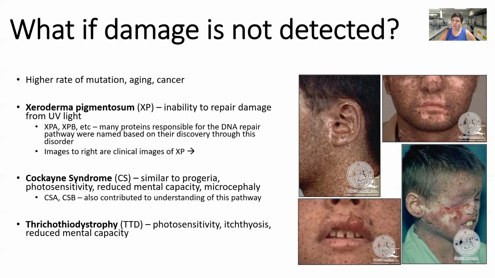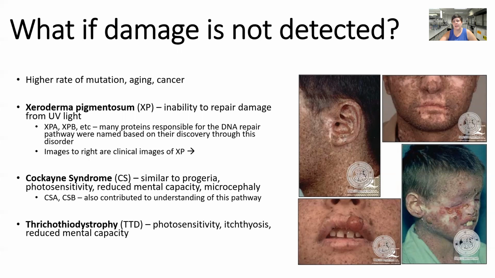So, actually, an interesting fact. The majority of our cellular functions are discovered based on disorders, when they're not functioning correctly. And this is true for nucleotide excision repair machinery. We didn't really know it was a thing until we investigated a disorder called xeroderma pigmentosum, or XP.